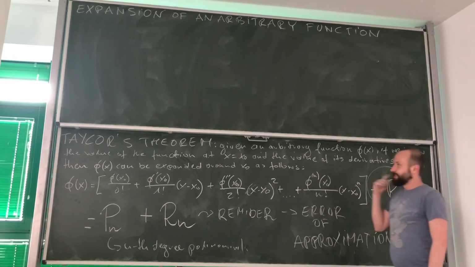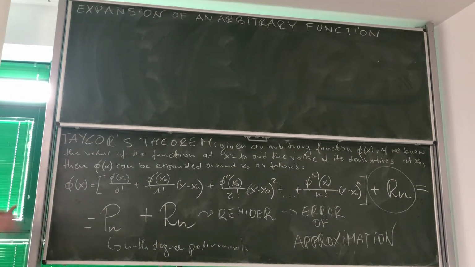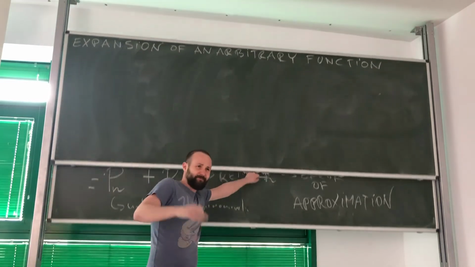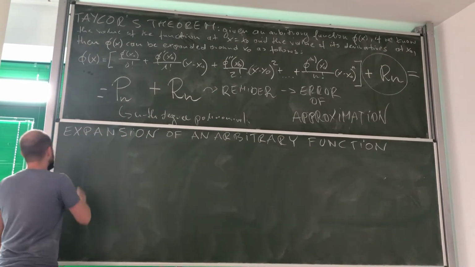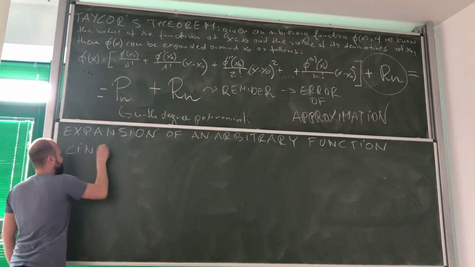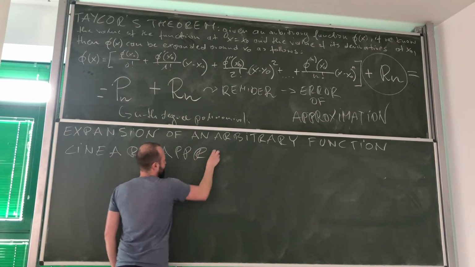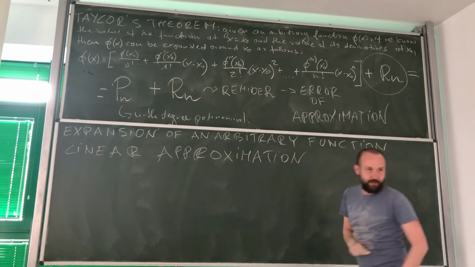This is why we need to have a remainder. And look, this expansion can be done in various different ways. What I mean is that, for example, I can use linear approximation. Look, what does it mean?